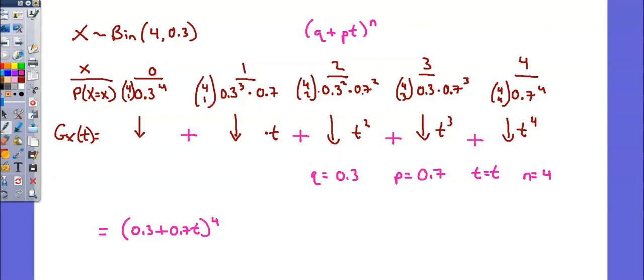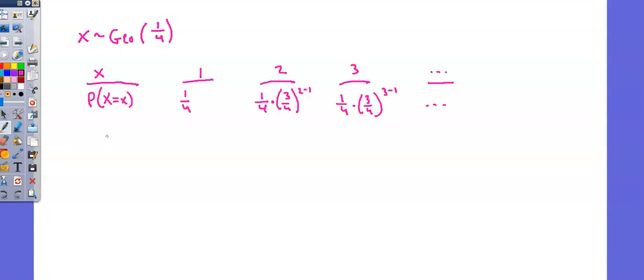Next we'll look at a geometric distribution. If we say that x follows a geometric distribution with a probability of 1 over 4, I can set up a probability distribution. Here I'll skip one line of algebra and go straight to a factored form.